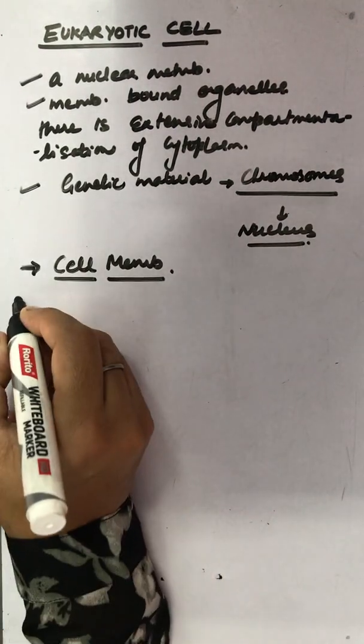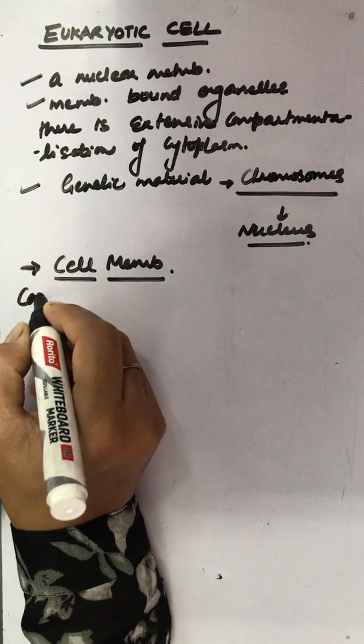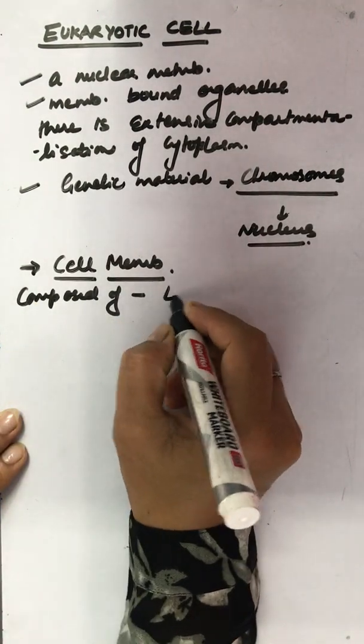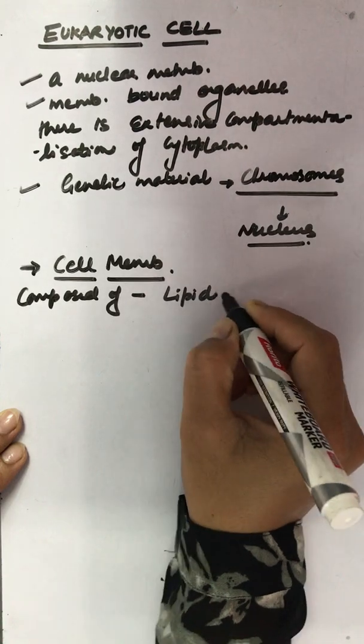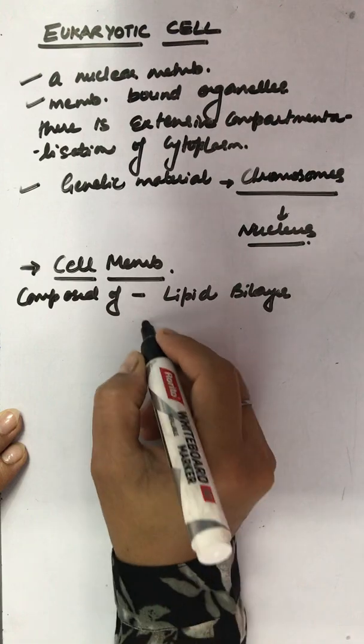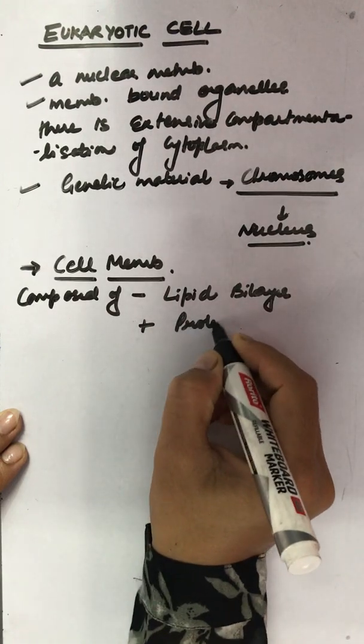What is it composed of? It is mainly composed of lipid bilayer and proteins.